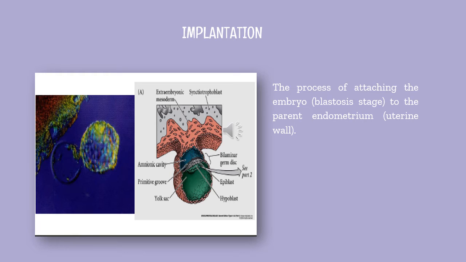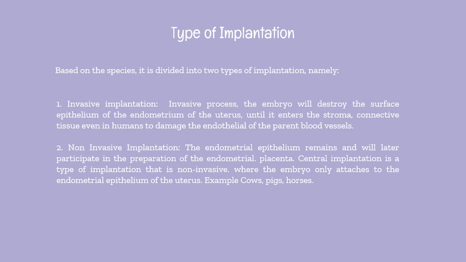Implantation is the process of attaching the embryo at the blastocyst stage to the parent's endometrium, the uterine wall. Types of implantation: based on the species, it is divided into two types. First, invasive implantation.